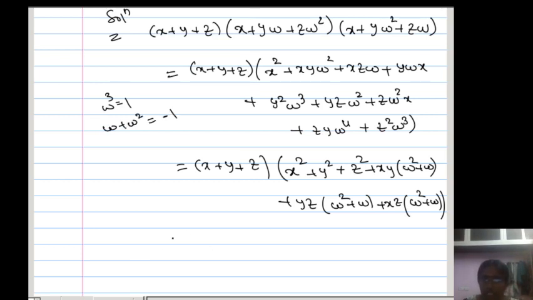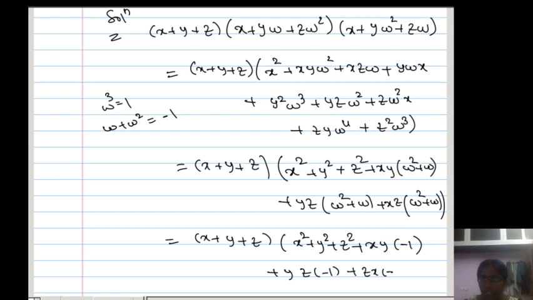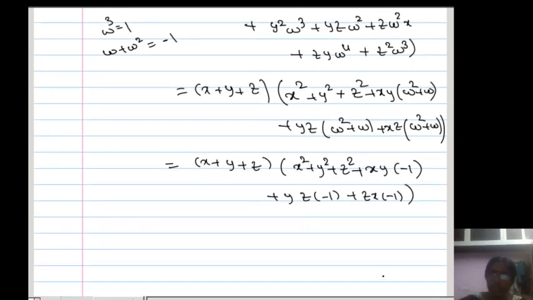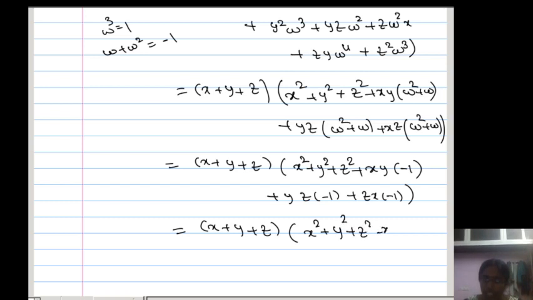By that relation I get x plus y plus z into x square plus y square plus z square, and substituting xy into minus 1, plus yz into minus 1, plus zx into minus 1. So finally, x plus y plus z into x square plus y square plus z square minus xy minus yz minus zx.